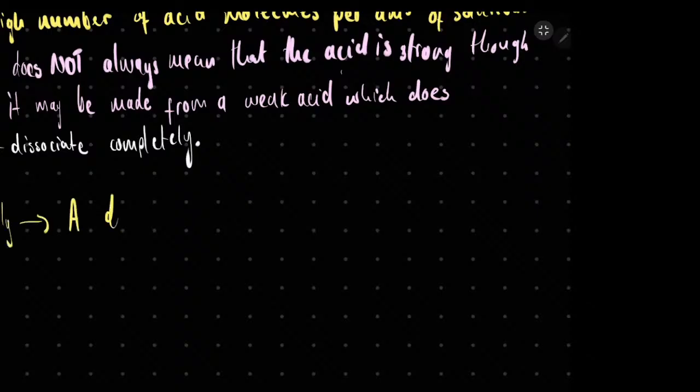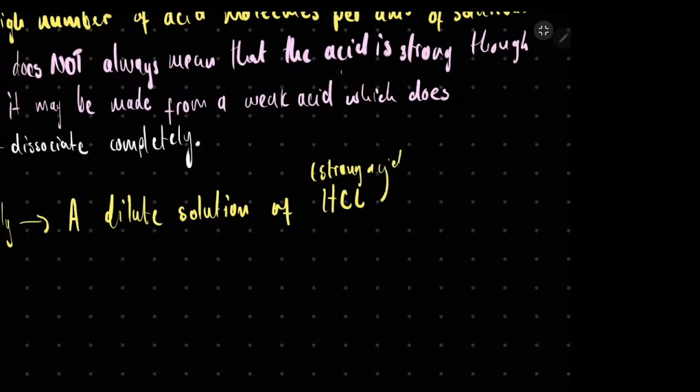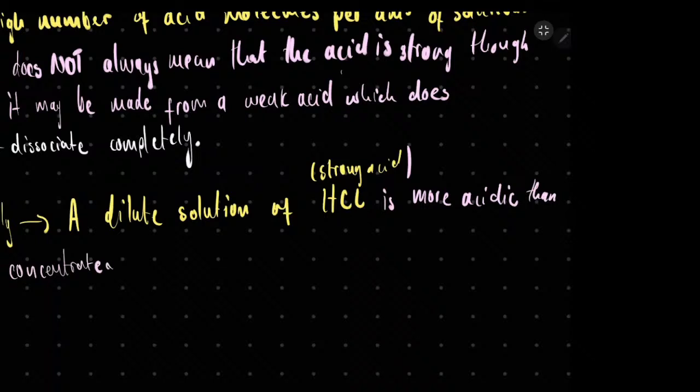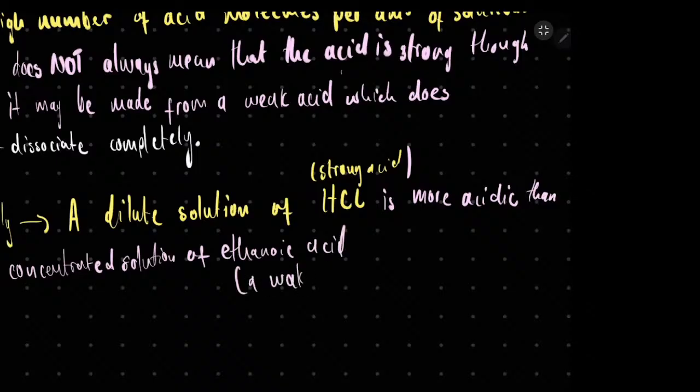A dilute solution of HCl, which is a strong acid, is more acidic than a concentrated solution of ethanoic acid, which is a weak acid.